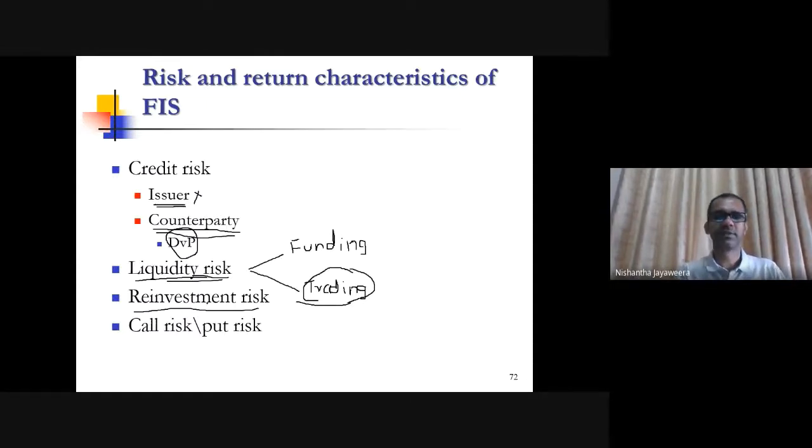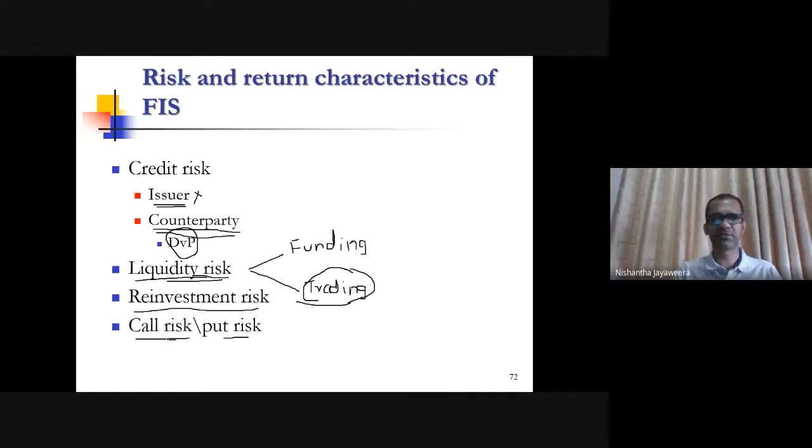Clear? Then the call risk and put risk. What is call risk? If you remember, I explained a bond type called a callable bond. What is a callable bond?